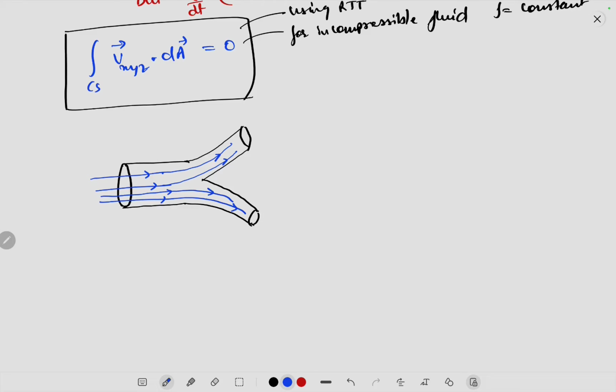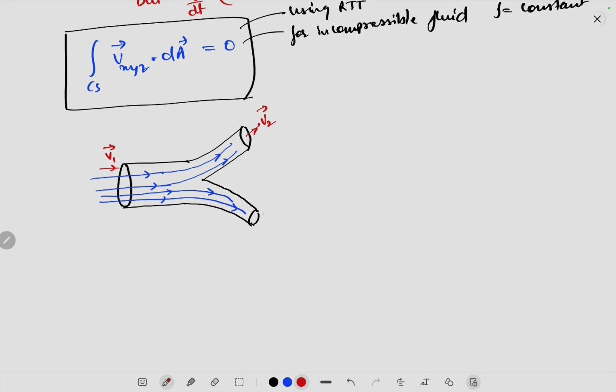Now let's say you are given a question that velocity at this point is given to be some V vector, let's say just V1 vector. Velocity at this point is given to be V2 vector.